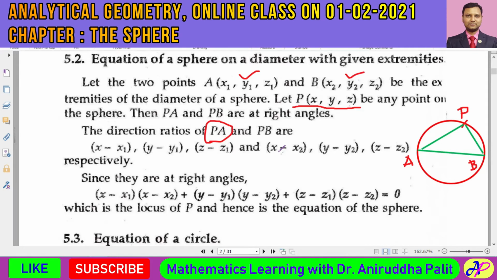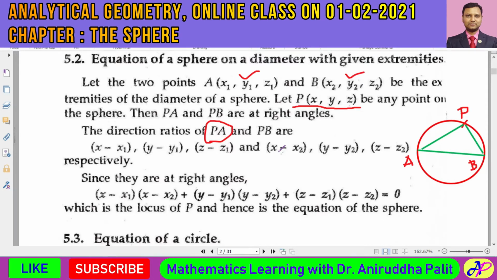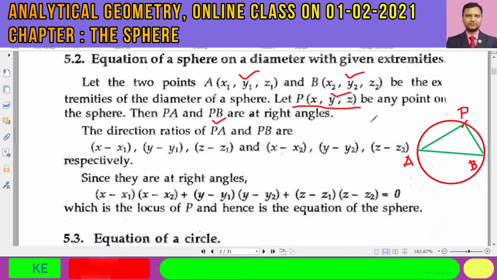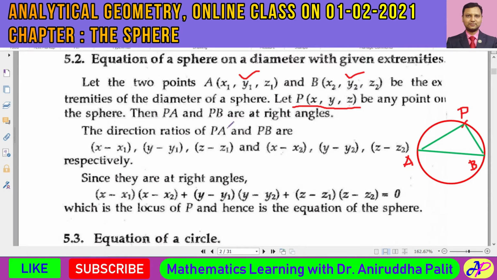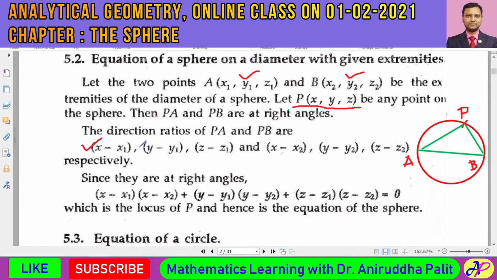We generally subtract the coordinates of one point from another point. The coordinates of the point P are x, y, and z, and the coordinates of the point A are x1, y1, and z1. So if we subtract these coordinates, then we'll get x minus x1, y minus y1, and z minus z1.